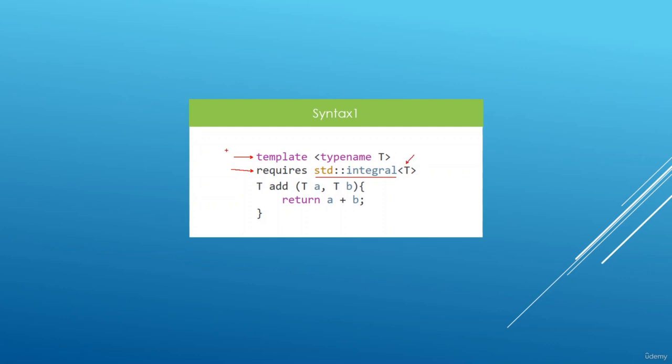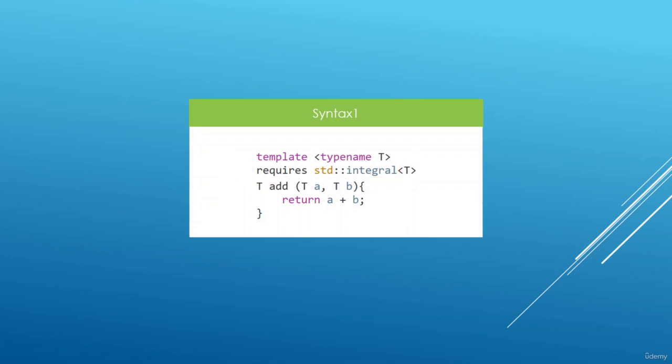When you have this in front of your function template like we have here, the function template can only work right if the concept in here is satisfied. And this concept in this case is going to be satisfied if somebody tries to call this function template only with integral types. If they violate that, again, they are going to get a compiler error.